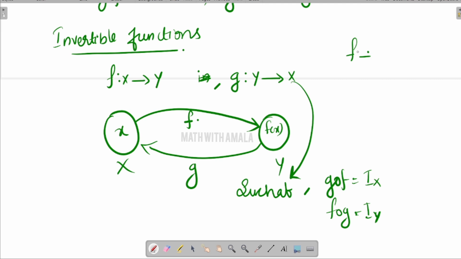Now you can write the inverse of f as g, or f inverse equals g. G is the inverse of f, written as f inverse. Hence the inverse function of f is g, and in return you can say the inverse function of g is f. You can write f is equal to g inverse and g is equal to f inverse.